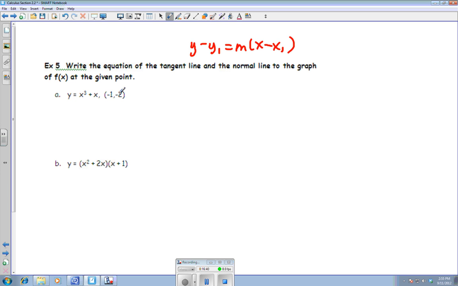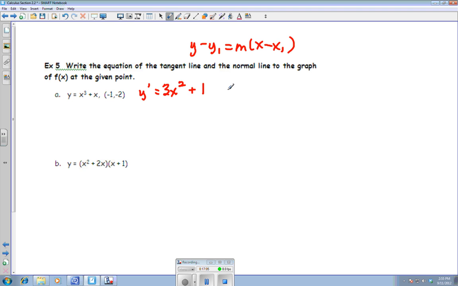Here's our point, but we don't have the slope. But we learned that the slope of the tangent line is the derivative. So the first thing we're going to do is find the derivative. So I have y prime equals, the derivative of this would be 3x squared plus 1. So that's the equation of the slope of my tangent line.